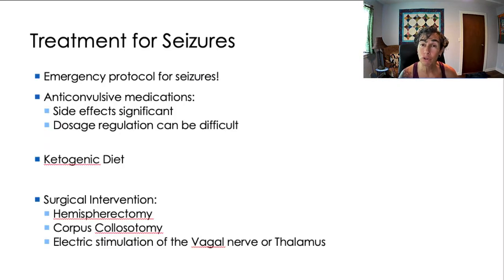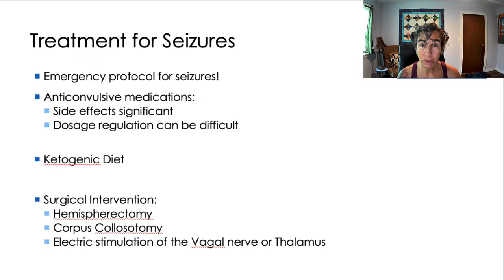All right, so treatment for seizures. The emergency protocol for seizures, which is in the presenter notes on the previous slide. Then we have anticonvulsive medications. The positive is that they can control seizures, which is fantastic. The drawbacks are that there can be significant side effects in terms of attention, sleepiness, weight gain, a range of other symptoms.